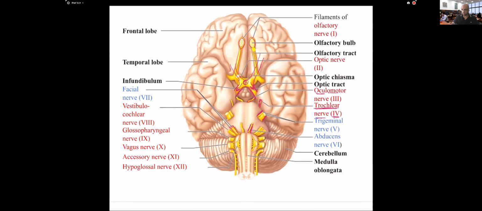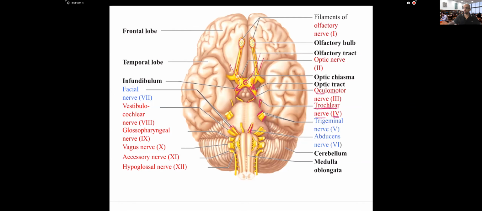So again, we're looking here at the different cranial nerves. Those are my olfactory nerve, cranial nerve number 1; optic nerve, 2; oculomotor, 3; trochlear, 4; trigeminal, 5; abducens, 6; facial nerve, 7; vestibulocochlear nerve, 8; glossopharyngeal, 9; vagus nerve, 10; accessory nerve, 11; and 12 is going to be my hypoglossal nerve.